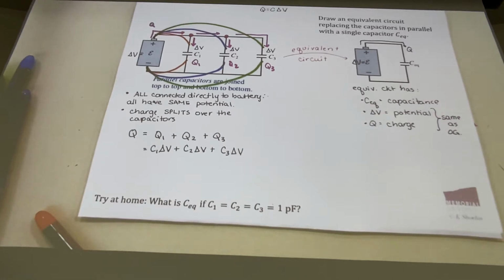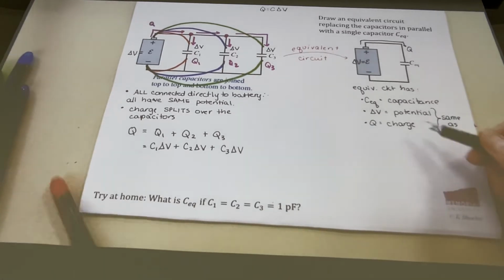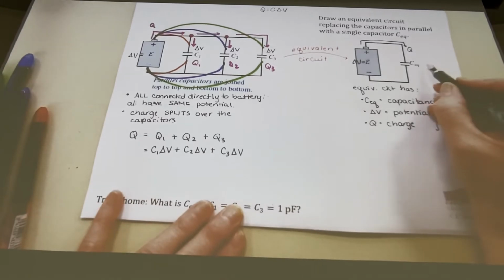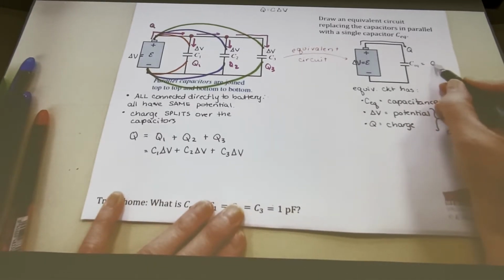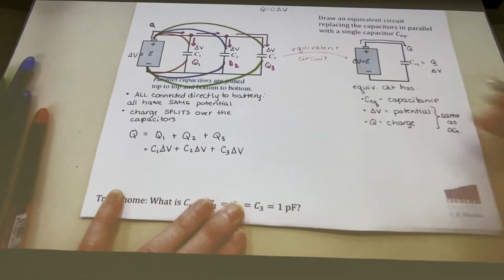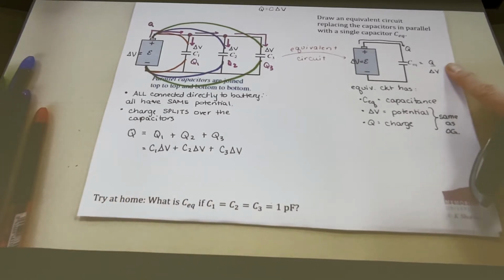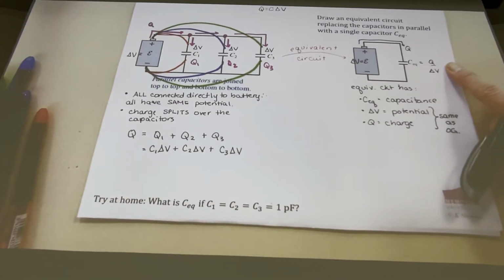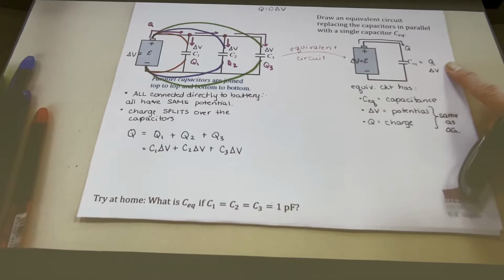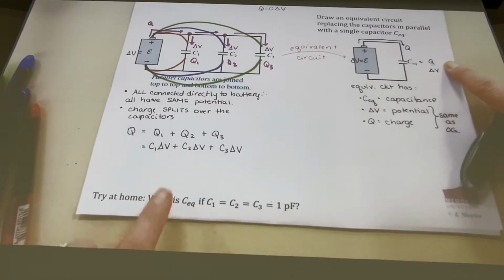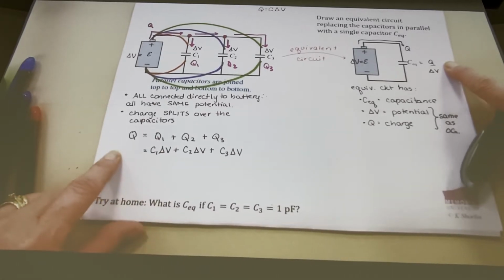So that means our equivalent capacitance is related to delta V and Q. C equivalent is equal to Q divided by delta V. So now what we can do is look at this equation. If C equivalent is Q over delta V, then the net charge Q is C equivalent times delta V. We can take that and plug it in over here in this equation.